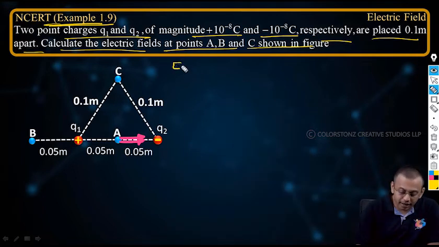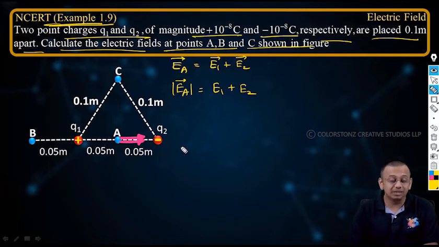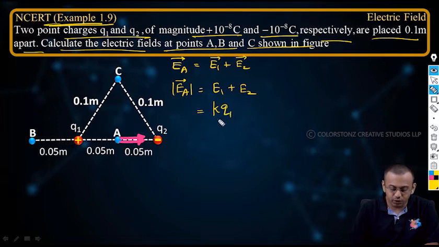So the field at A is equal to E1 plus E2 vectorially, and in terms of magnitude it is just E1 plus E2 because they are in the same direction. So we have kq1 by r square plus kq2 by r square.